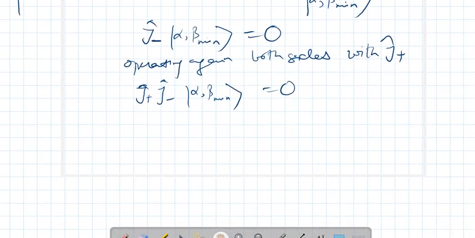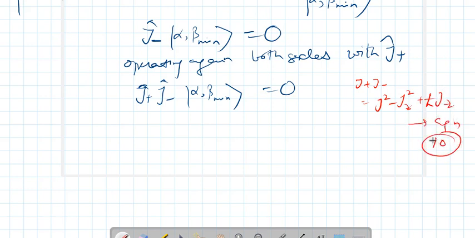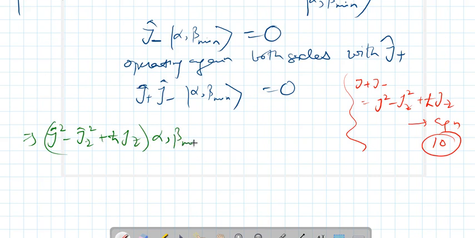As I know from earlier lectures, J+J− = J² − Jz² + ħJz, and this is equation number 10 of the earlier lecture. So (J² − Jz² + ħJz)|α,β_min⟩ = 0.